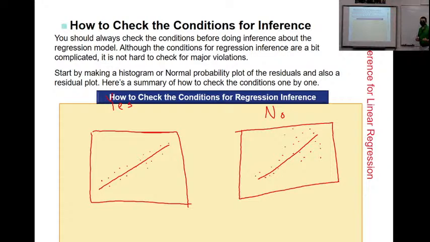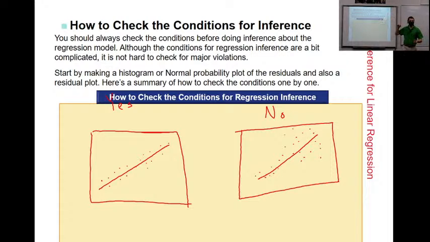The reason that that is not equal variance is because here, the distance that the points are away from the line is pretty narrow like they were over here. But then as I move further to the right, notice that the points are varying a lot more than they are on the lower values of the line. So my variance of the points away from the line of best fit is not the same throughout the line.